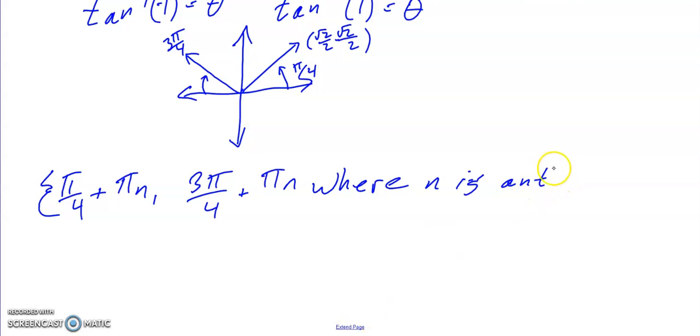Goodness, I can't write. And it's pi now instead of 2 pi because tangent is on a pi period. If you remember that, the period of tangent is pi.